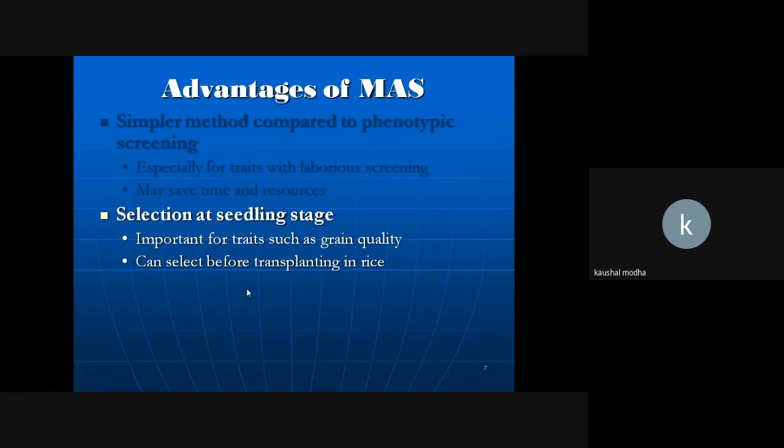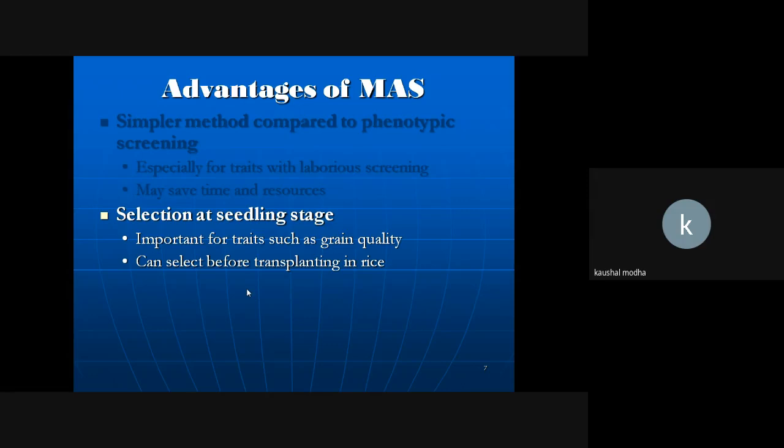Selection at the seedling stage is also possible, because marker-assisted selection is not dependent upon a particular stage of crop growth, since we are directly dealing with DNA. So if a seedling is carrying that resistance allele or gene, definitely it will show resistance to a particular disease at any point in the life cycle of that plant.